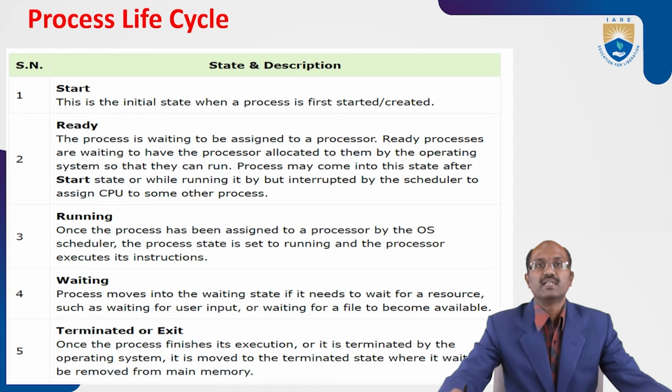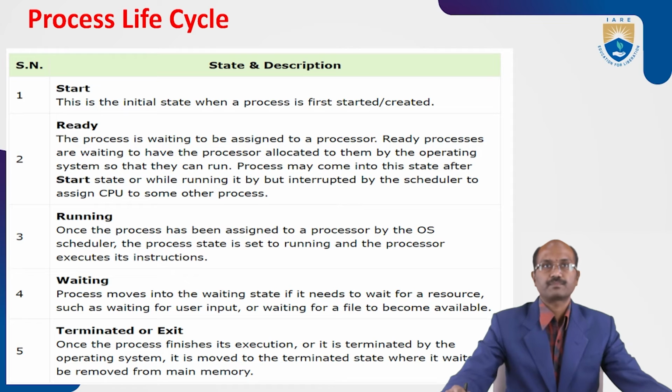Finally, terminated or exit: once the process has finished its execution or it is terminated by the operating system, it is moved to the terminated state where it waits to be removed from main memory.